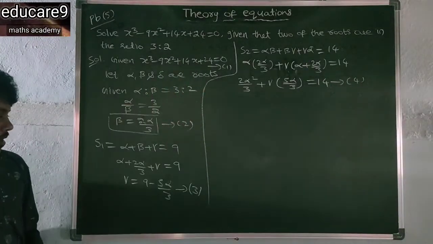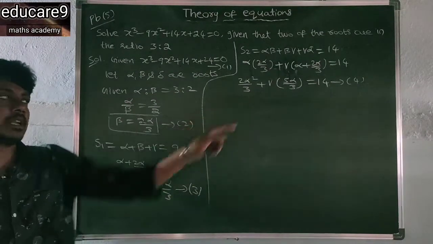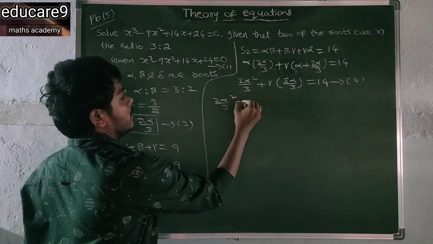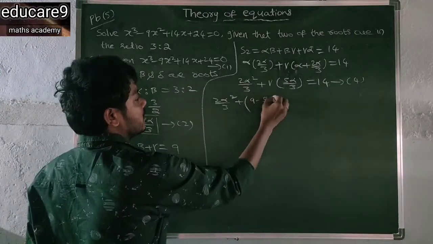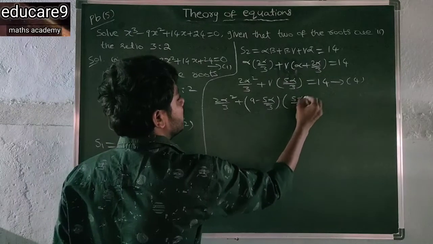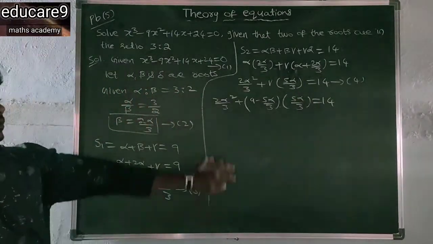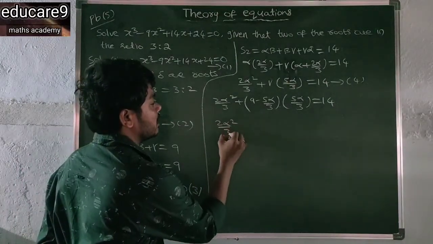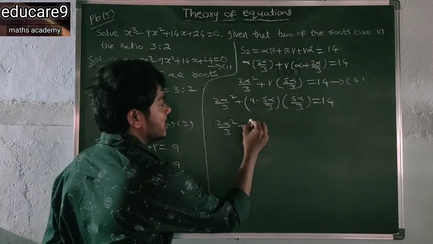Now that is equation 4. So now what is gamma value? 9 minus 5 alpha by 3. So substitute here: 2 alpha square by 3 plus gamma. Gamma is 9 minus 5 alpha by 3 into 5 alpha by 3 is equals to 14. Now simplify this. Now this is what? 2 alpha square by 3 plus 3 into 9, 27.